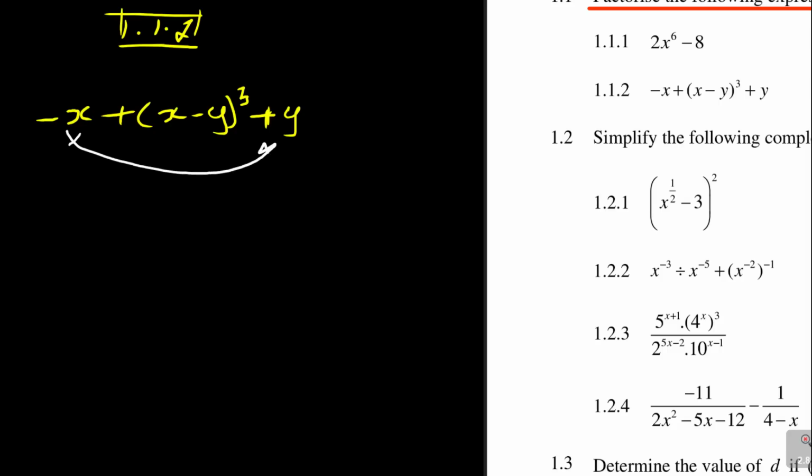You see, these. So when I combine these, I can rewrite this to say x minus y to the power of 3, and then plus y, and then minus x. It still maintains the sign because the equal sign is this side, so nothing is jumping this side.